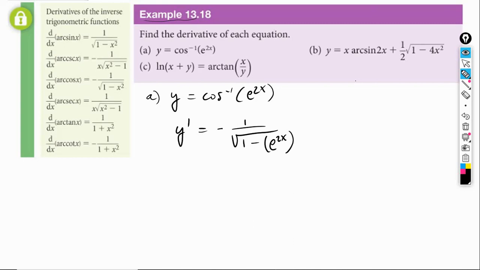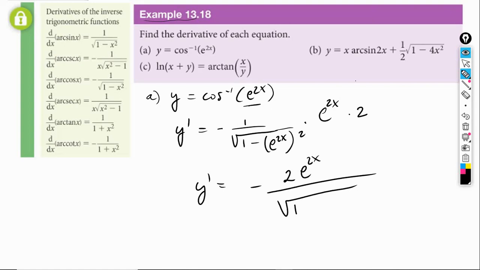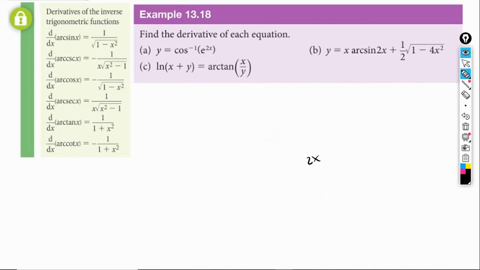So this to the power of 2x squared times, we have to do the chain rule, the derivative of the inside, this expression here. So that is going to be e to the 2x times 2. Therefore, the derivative would then equal negative 2 e to the 2x over square root of 1 minus e to the 4x.